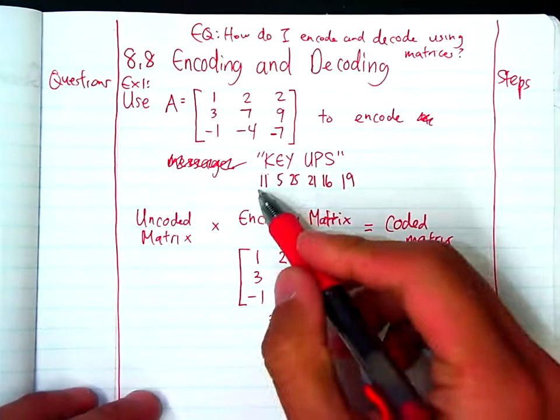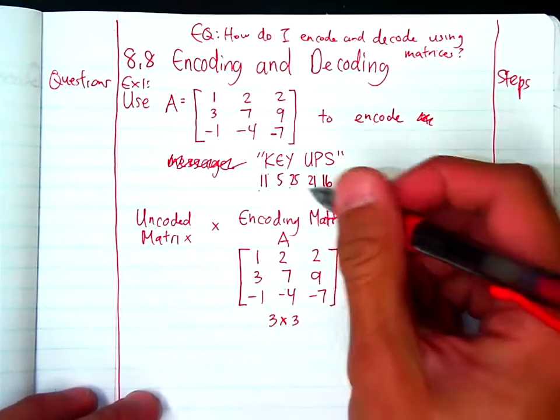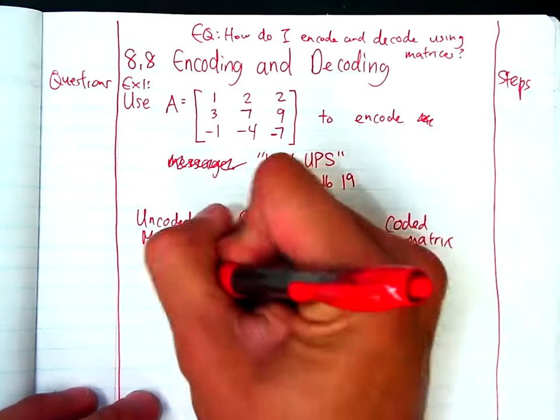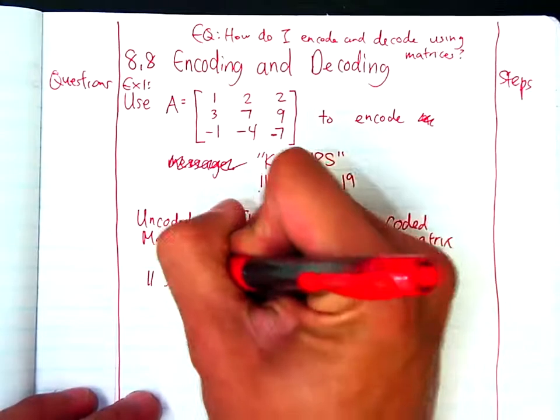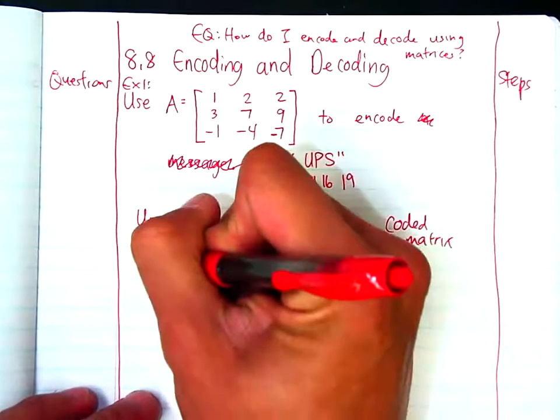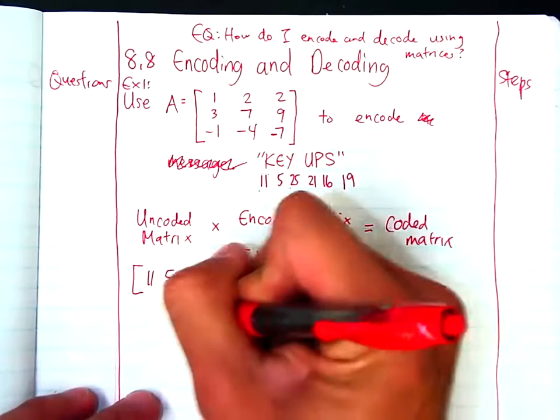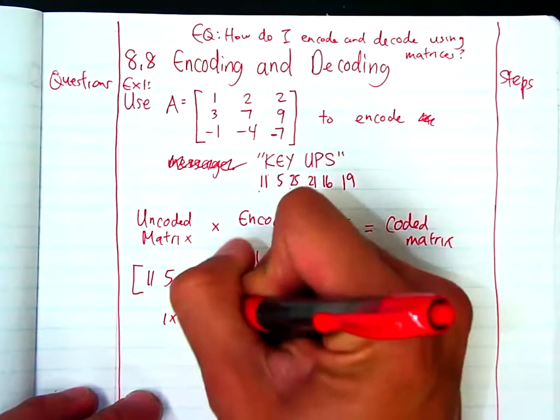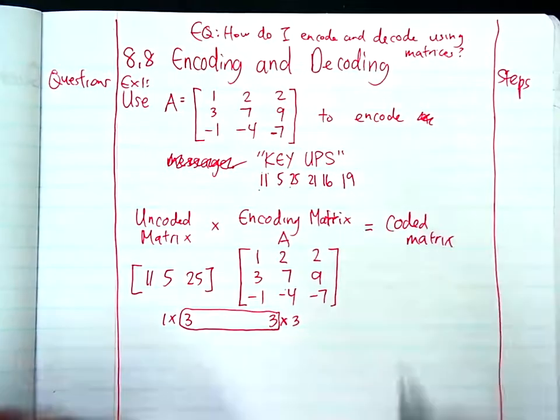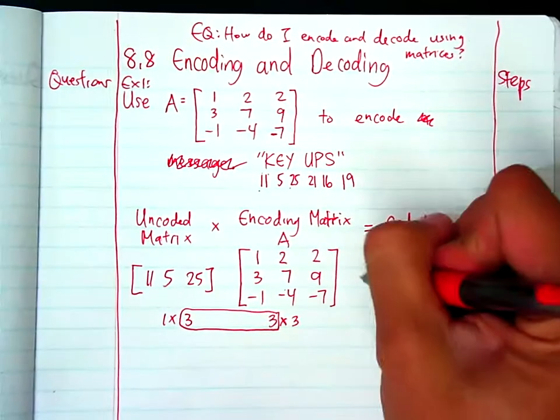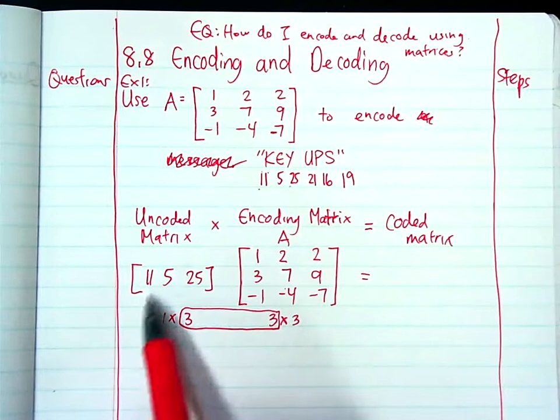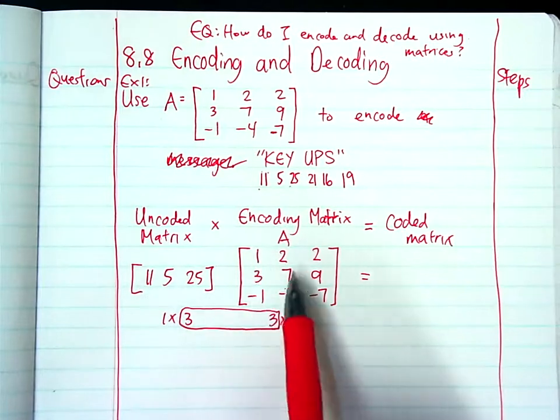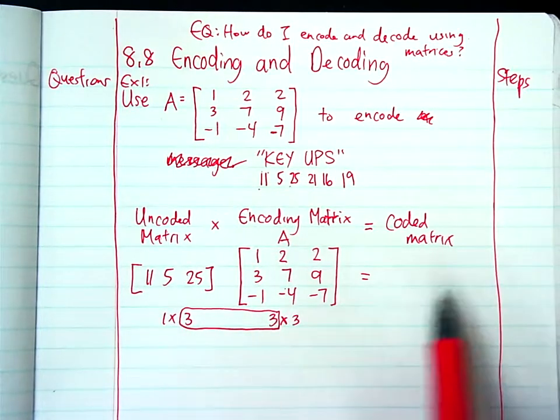I'm going to take the first 3 numbers, which are 11, 5, and 25, and turn that into a 1 by 3 matrix. These numbers are the same, so my final matrix will also be a 1 by 3 matrix, and that will be my coded matrix. So I'm going to multiply this by this matrix, and I'm going to come up with a coded matrix.